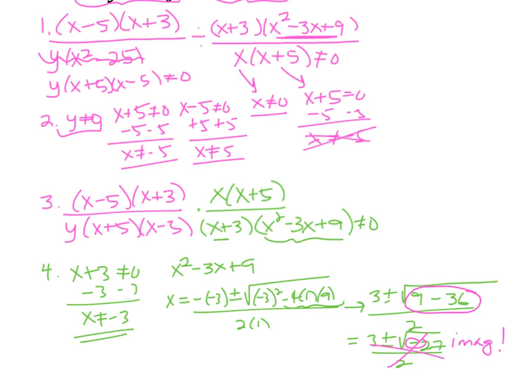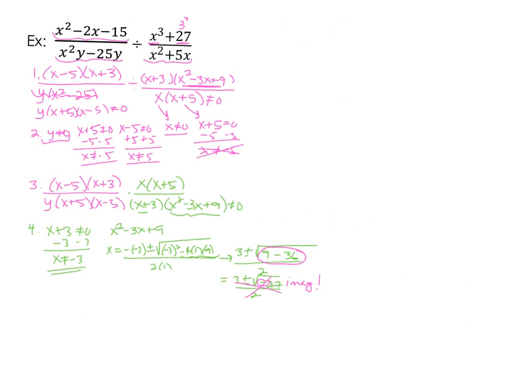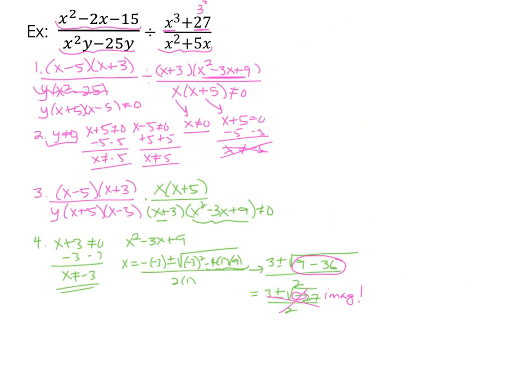Now let's simplify this product over here at the top and be done. All right, we want to simplify this product. What do you notice? Let's see. I notice right away the x minus 5s cancel, and then x plus 3. I've got one here, one down here.